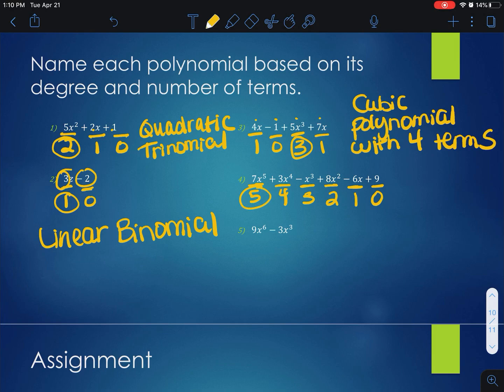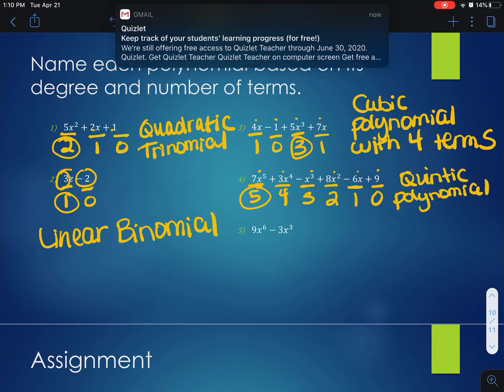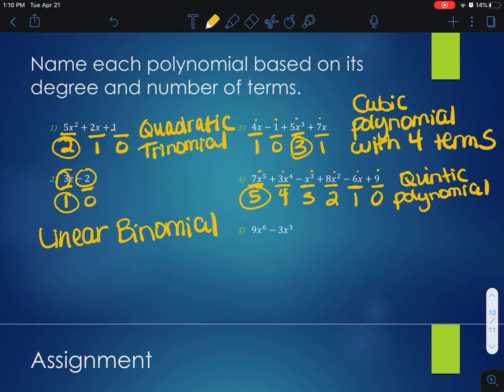Look, 5 is your biggest, which means you use the word quintic. And there are 1, 2, 3, 4, 5, 6 terms, so a quintic polynomial with 5 terms, or 6 terms, excuse me.